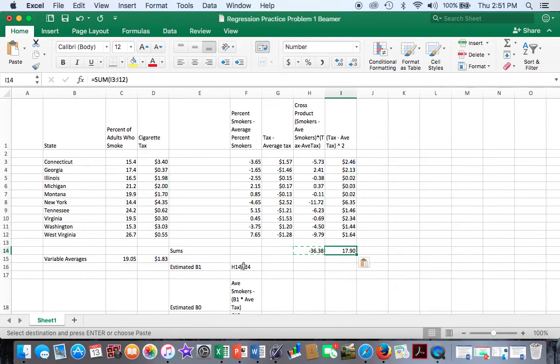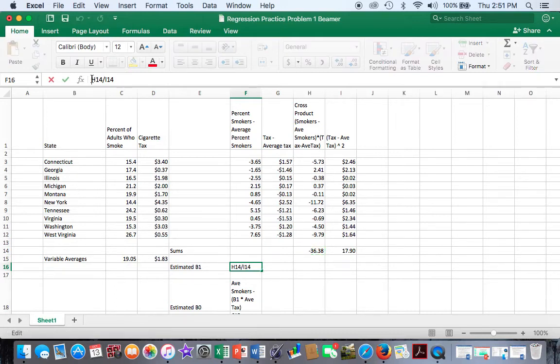Now to estimate the actual slope, we take the cross product and divide it by the squared difference of the independent variable. That would be cell H14 divided by cell I14.